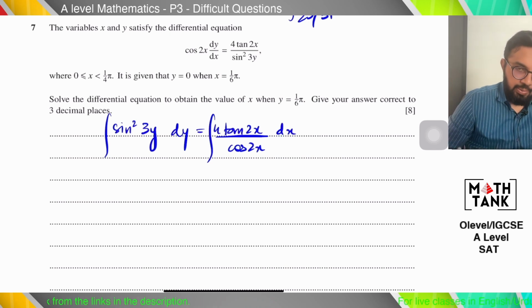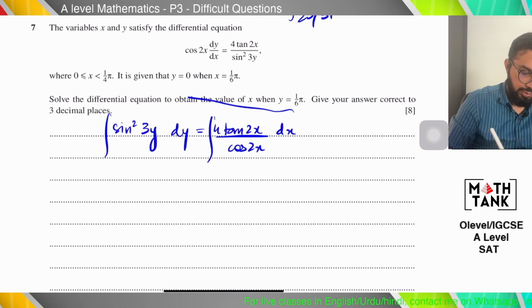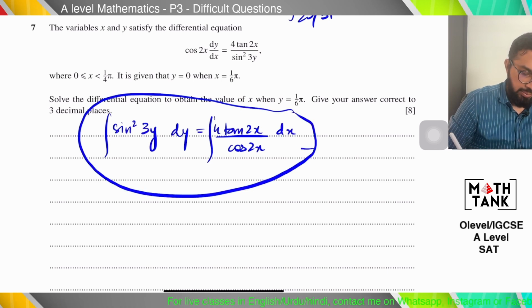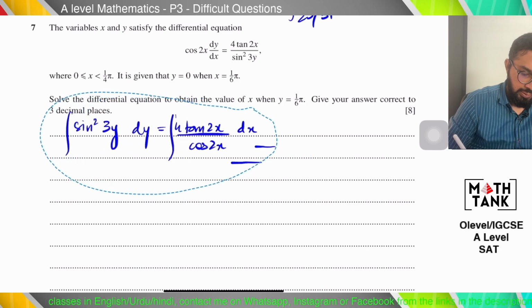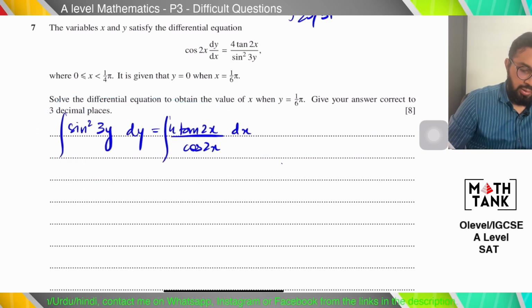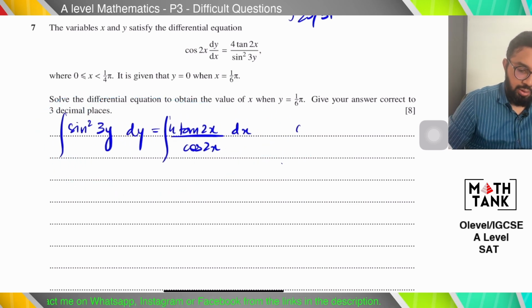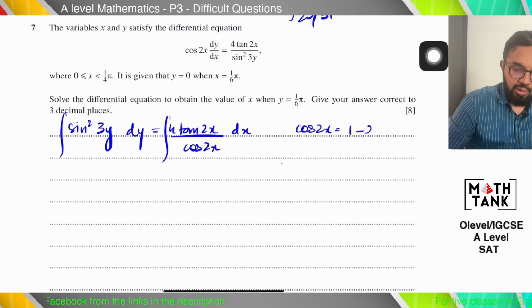Okay. Sine square 3y. Now this is a double angle thing that you need to know. For example, for reminders, I'm going to use this version of the double angle identity. I'm going to say that this used to turn out as 1 minus 2 sine square x.